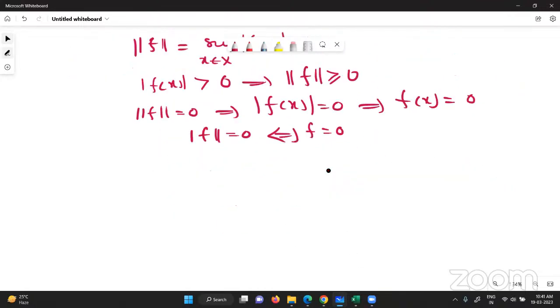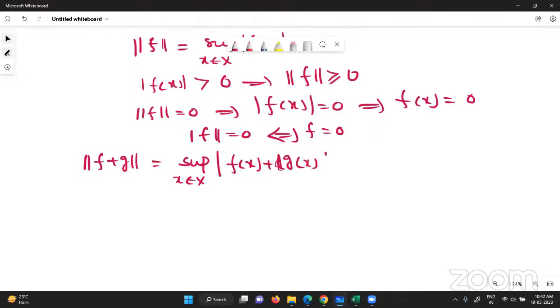This is the first property of the norm. And then what is the second property? What is the norm of f plus g? Supremum over x belonging to X of mod f(x) plus g(x), that is (f plus g)(x). We know that mod x plus y is less than or equal to mod x plus mod y.